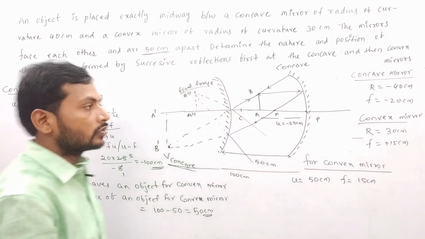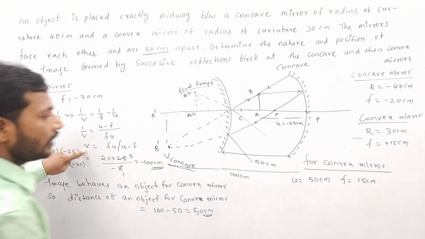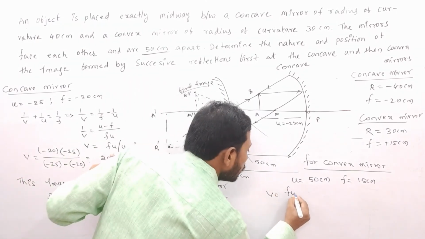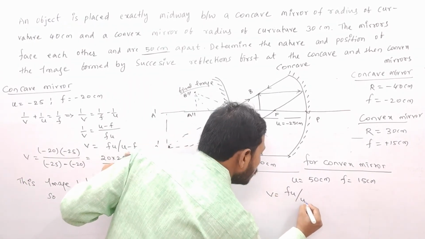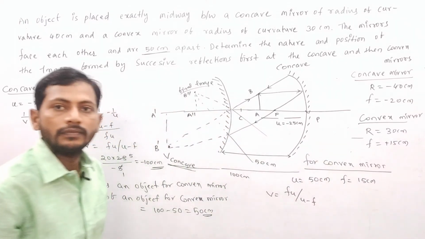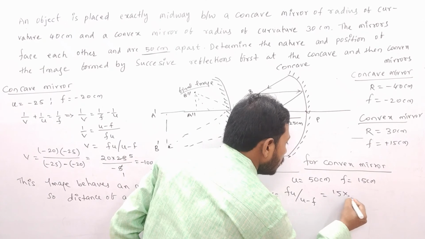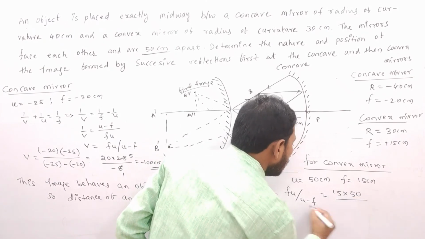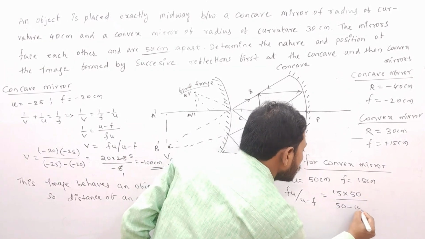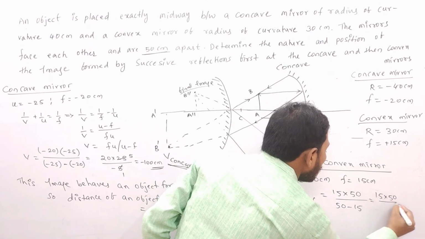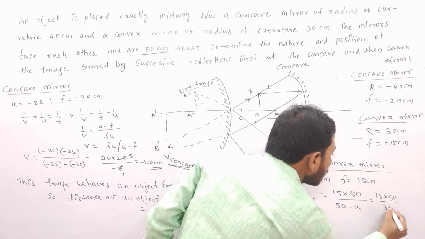Then you are going to use the same formula: V equals FU by U minus F. If you apply this formula, you get 15 into 50 by 50 minus 15, that is 15 into 50 by 35.